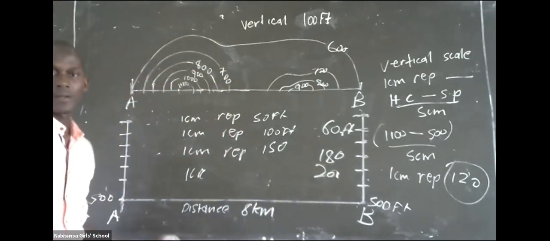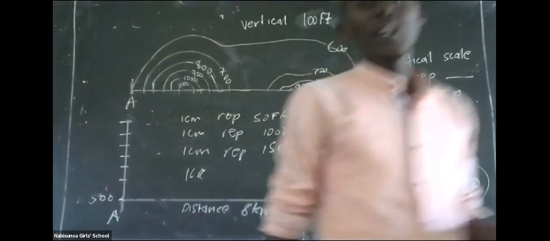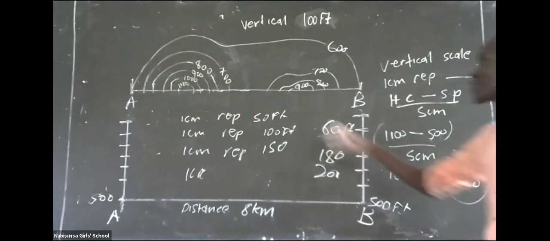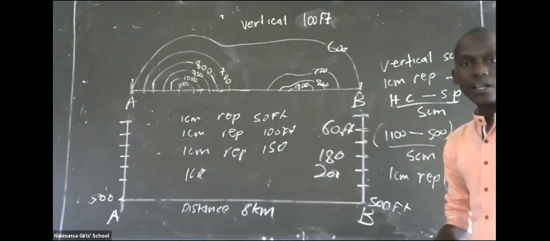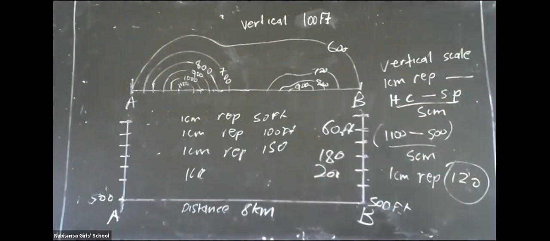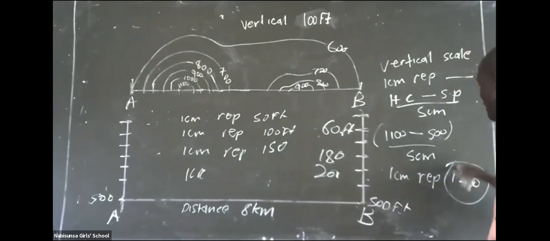You don't need to stress yourself. Why? Because the things we are estimating, and you need to use right estimations. Have you got that method, people? It's a method after dividing here. Am I clear?